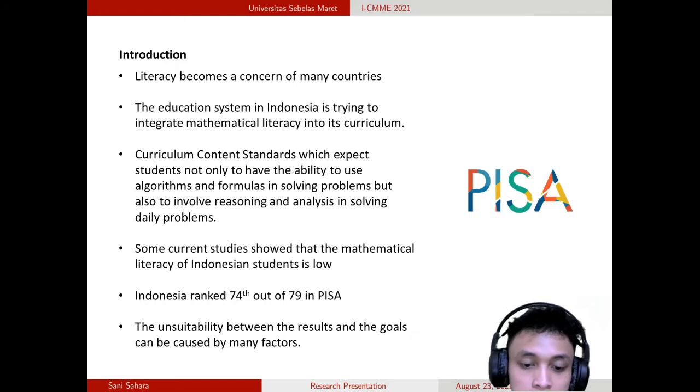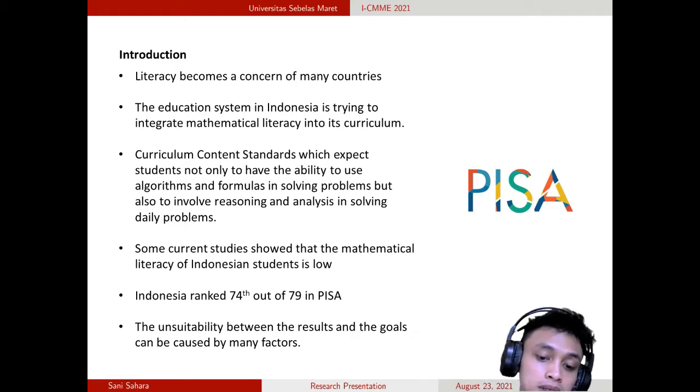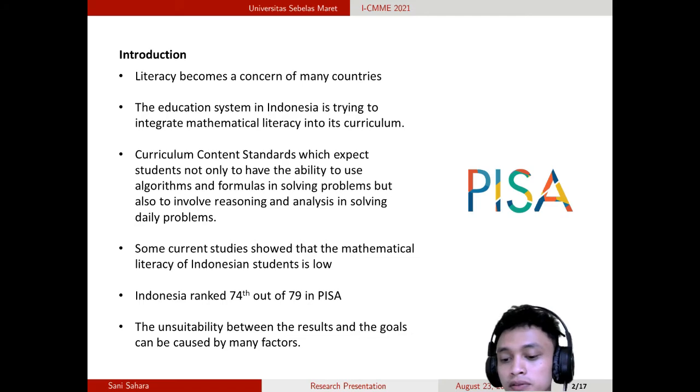This mismatch between the results and the goals can be caused by many factors.